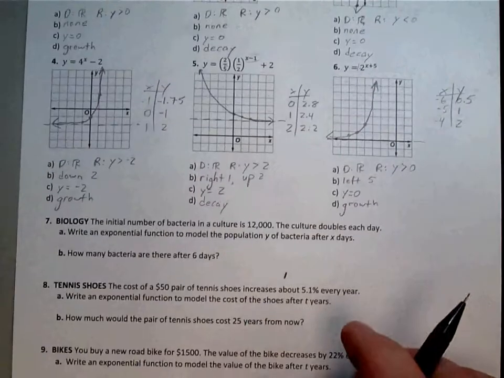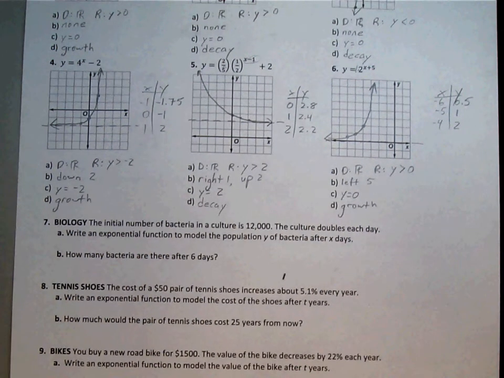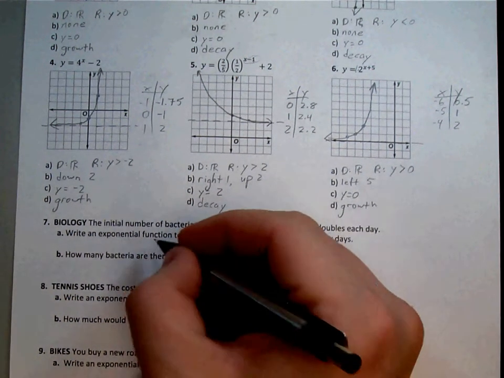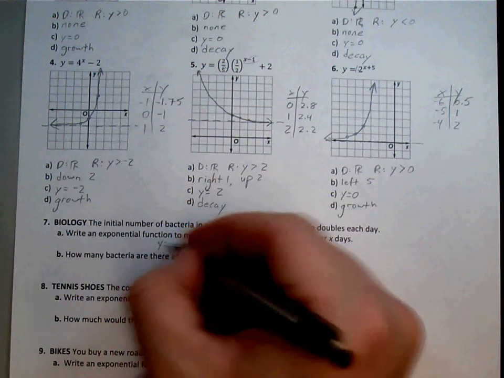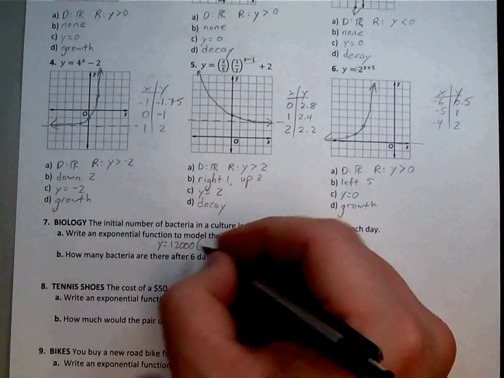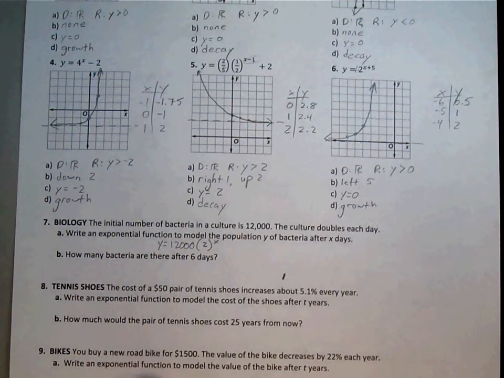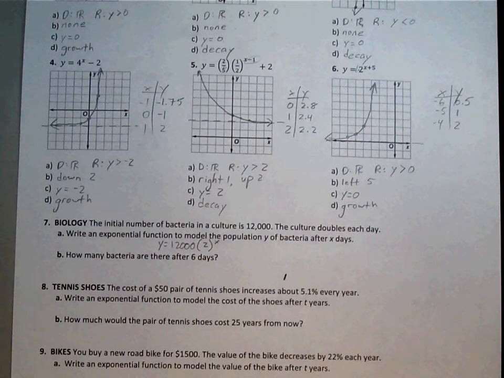Alright, now we move into some word problems. Number 7. Initial number of bacteria is 12,000. Doubles each day, write a function. Doubles each day, so we can do a growth factor of 2, and that's to the x power. There's my equation. So now after 6 days, I'm going to plug 6 into that equation.